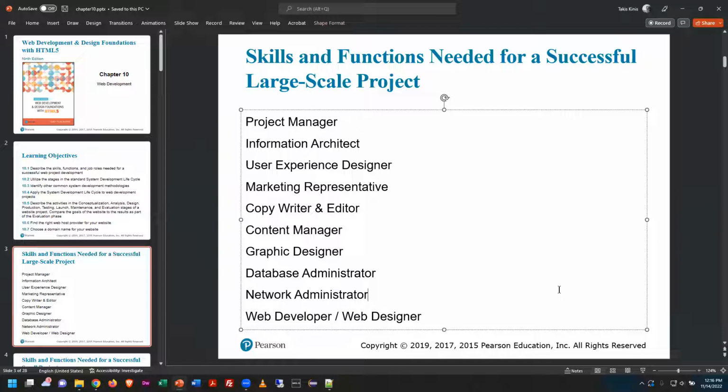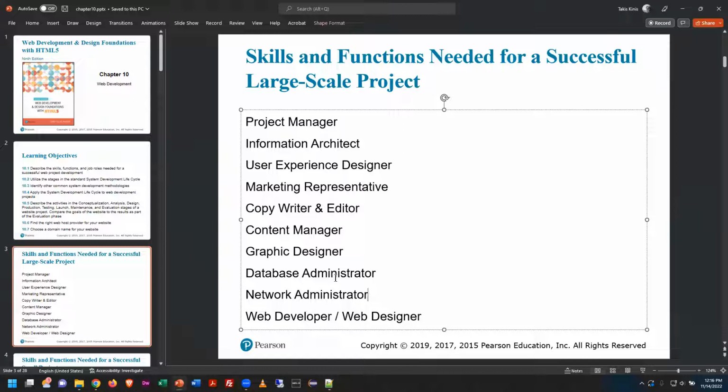If you understand how a website is built, but your forte is really cybersecurity or networking, well, notice that the network administrator is part of the team. Why? Because websites are hosted on servers, and servers are connected to networks. And sometimes web applications have pieces that talk across servers and across networks to make them work. And so having a person that understands those things can be pivotal to a project, right?